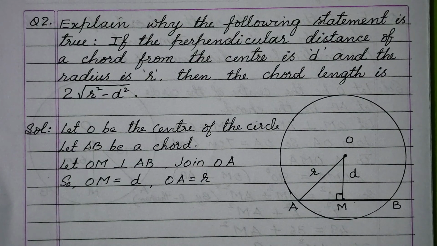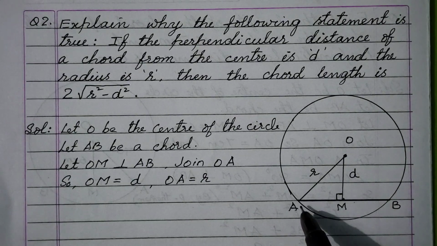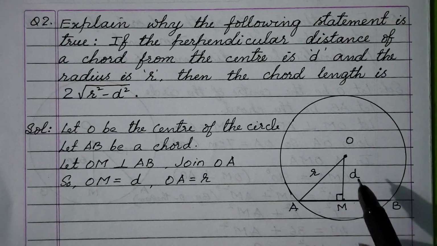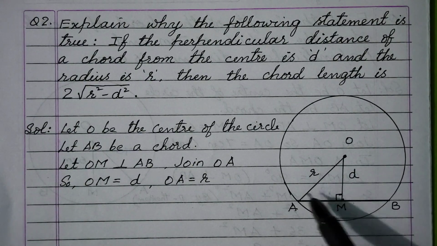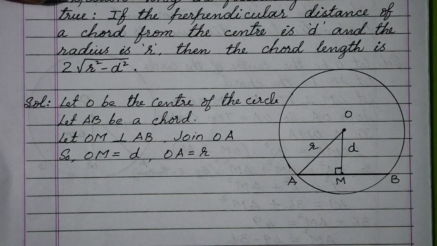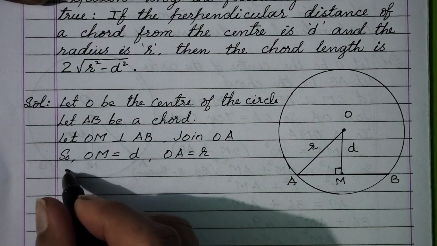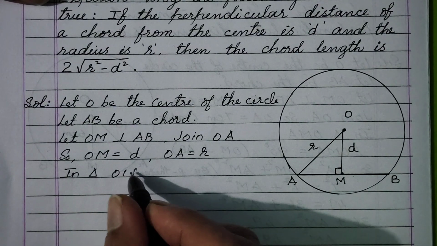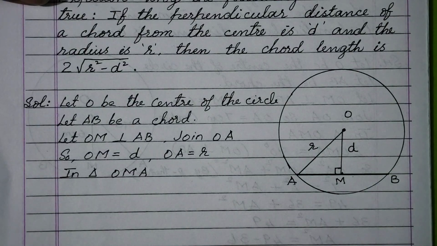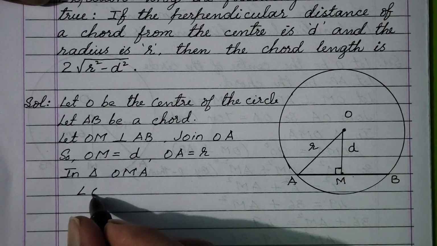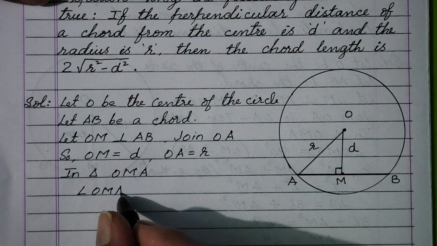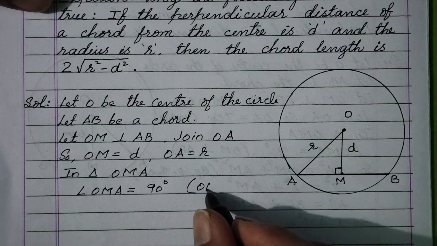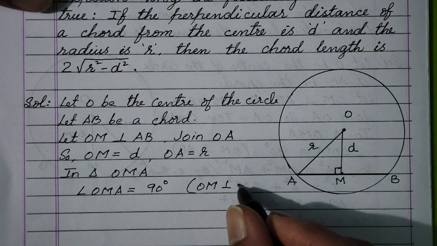Now, what we will do? First, we will find the length of AM. This is a right angle triangle. We will apply the Pythagoras theorem to this right angle triangle. In triangle OMA, angle OMA is equal to 90 degrees because OM is perpendicular to AB.